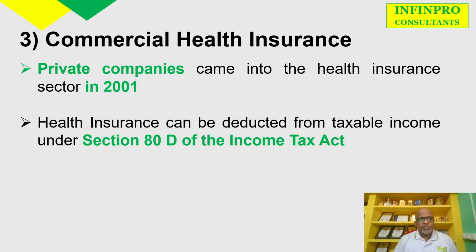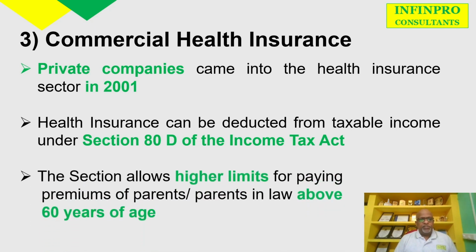Commercial health insurance has been managed by private companies since 2001, and a premium paid for health insurance gets a tax benefit under section 80D. The section allows higher limits if the premium is paid for parents above age 60 as well. So customers get tax benefits under section 80D.